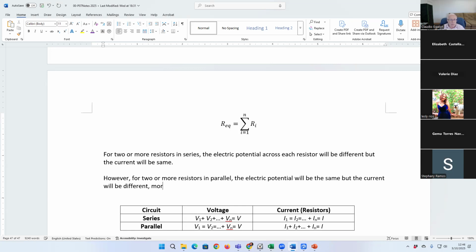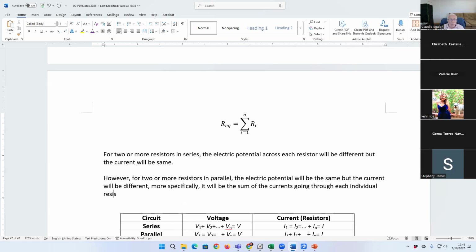More specifically, it will be the sum of the currents going through each individual resistor.